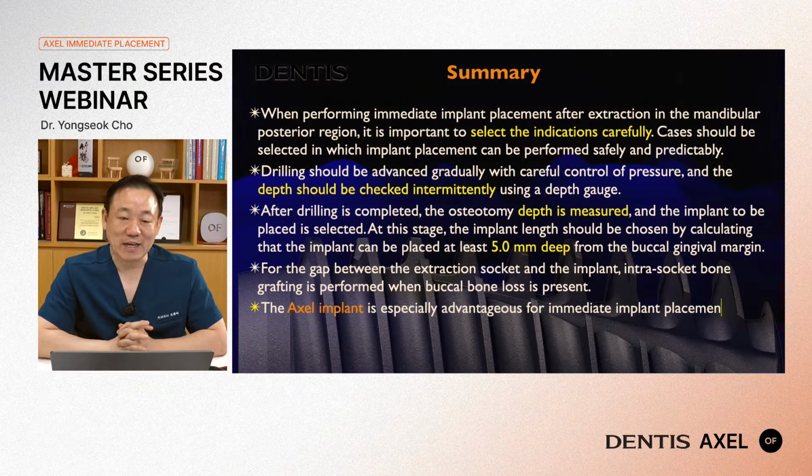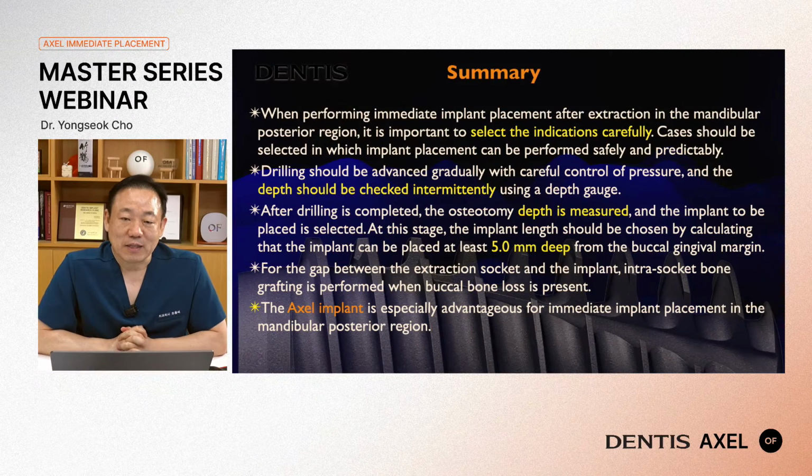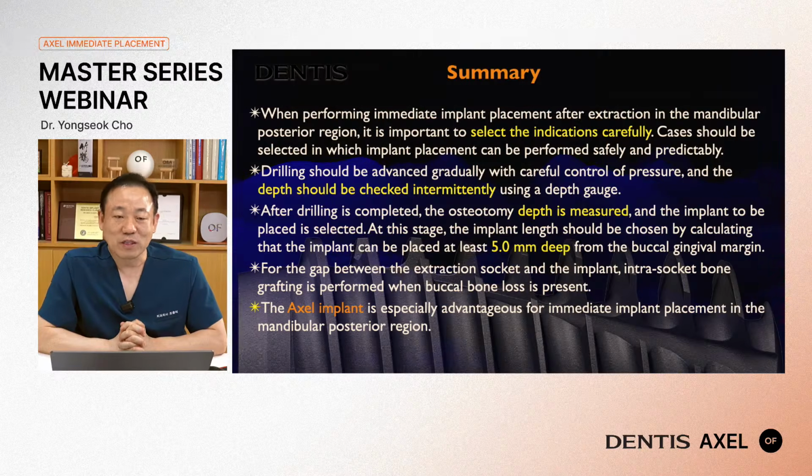Last, the XL implant is especially advantageous for immediate implant placement in the mandibular posterior region. Not only the mandibular posterior region, the XL implant is really good for immediate implant at any site. I can show you further discussion in the following webinars.